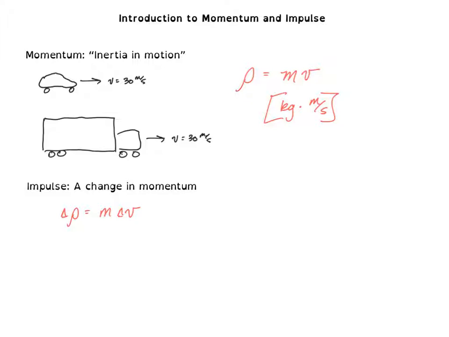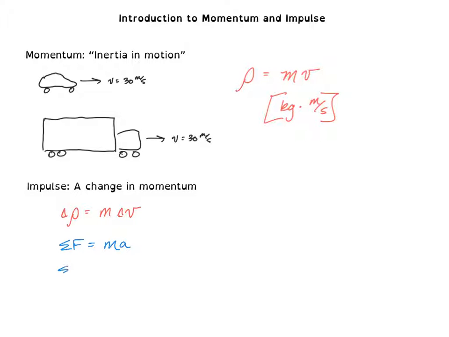So this all goes back to Newton's second law, where we say that a net force causes acceleration. Okay, well, now what is acceleration? Well, acceleration is a change in velocity in some time interval.